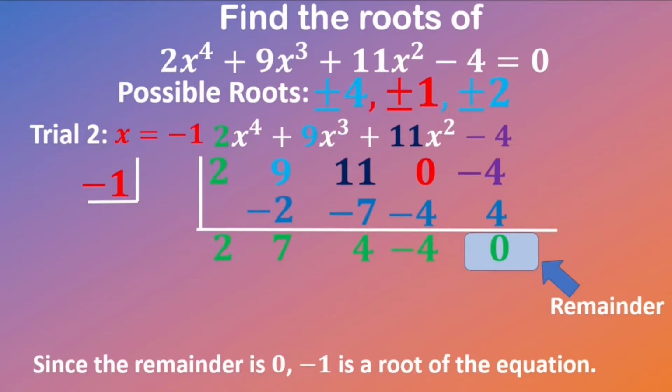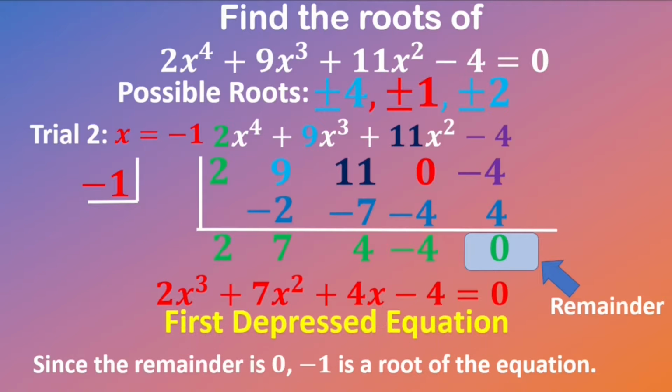So x cubed will now be the literal coefficient of the first term. So we will now have 2x cubed plus 7x squared plus 4x minus 4 equals 0 as our first depressed equation. So we will now use this to get the other roots of the given equation.